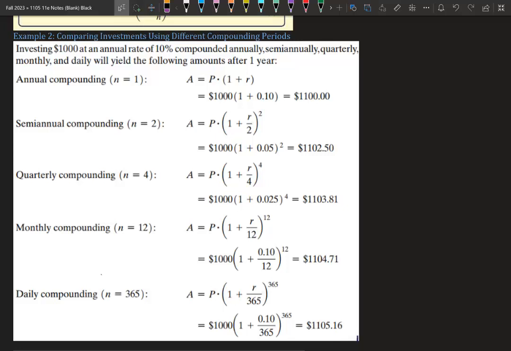So annually, we would only earn $100 because we deposited 1,000 and now we have 1,100. So our P, that's how much we're depositing into the account. So our P is 1,000. Our rate is 10%, so that means our R is 0.10.